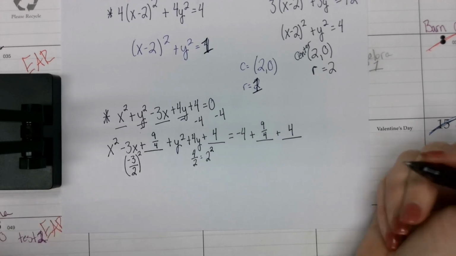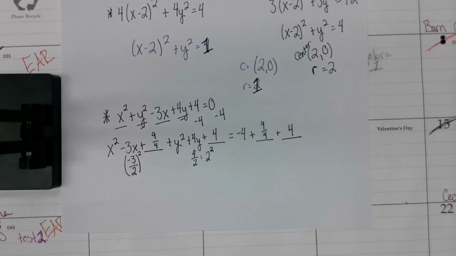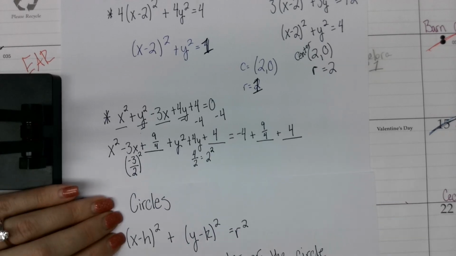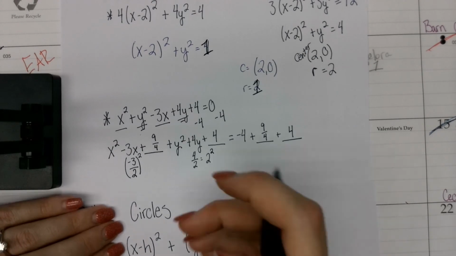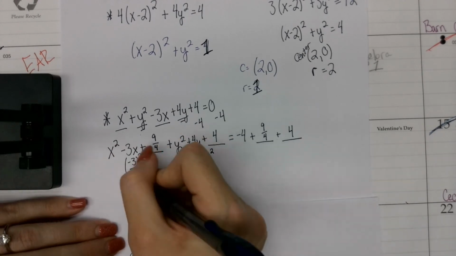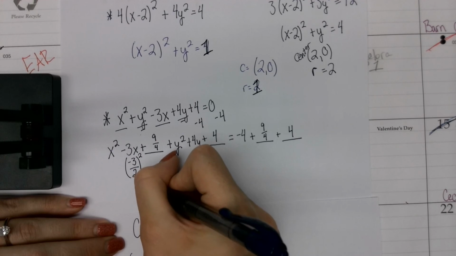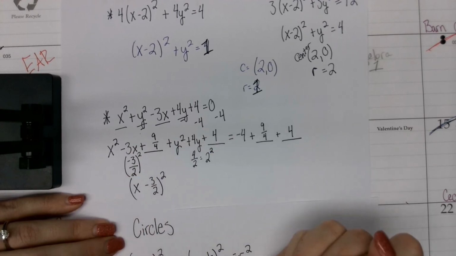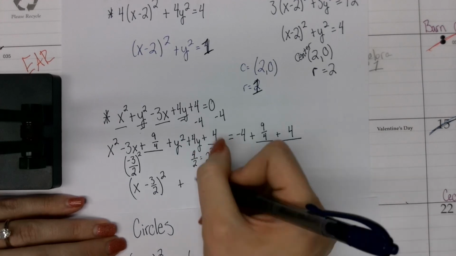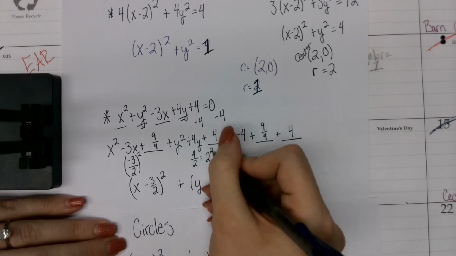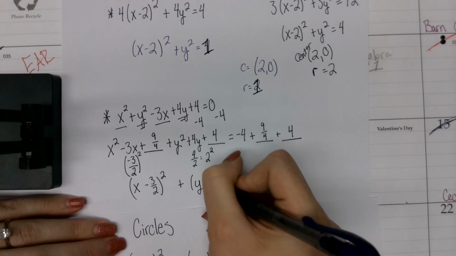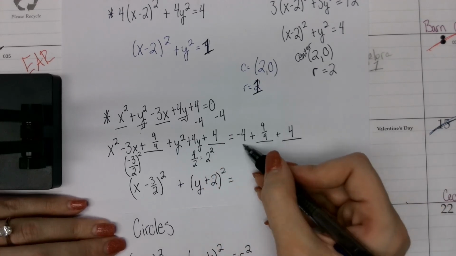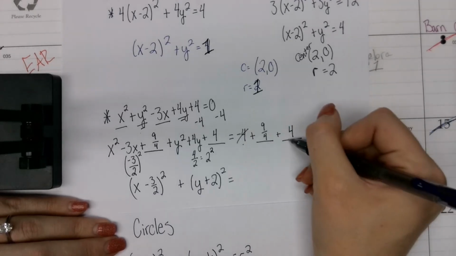Now when we go to write these as two binomials, we're going to have x, and then whatever was here that I squared, subtract 3 halves, squared, plus y, whatever was squared, positive 2, squared, equals, and then I'd combine these. This negative 4 and positive 4 are going to cancel out.